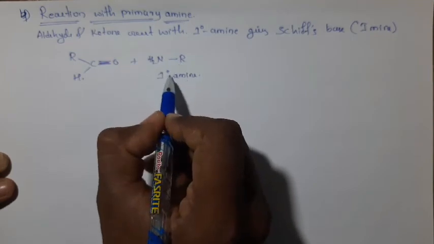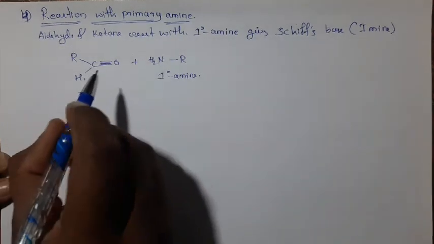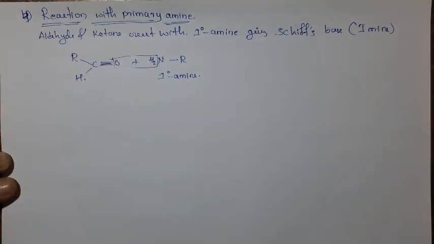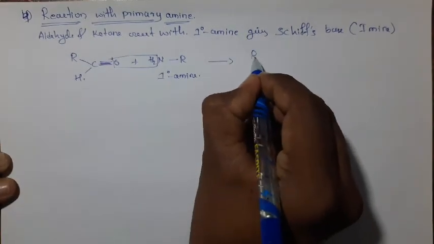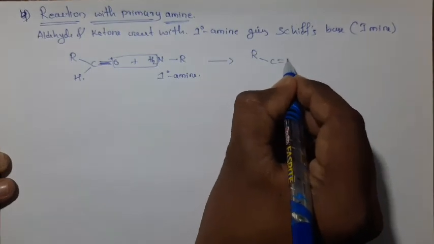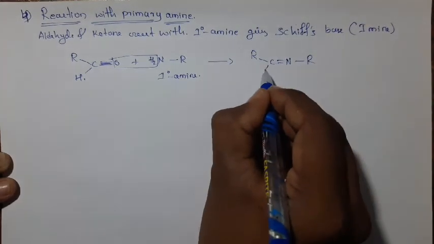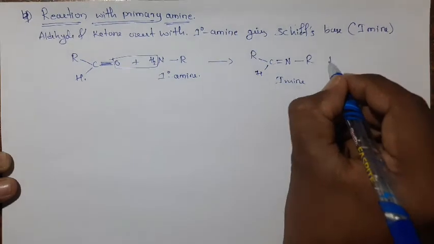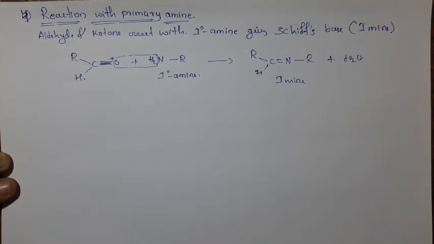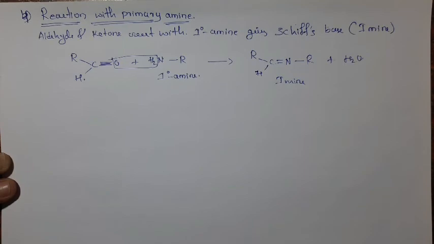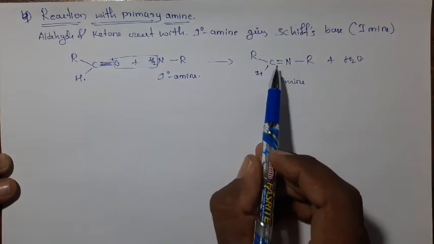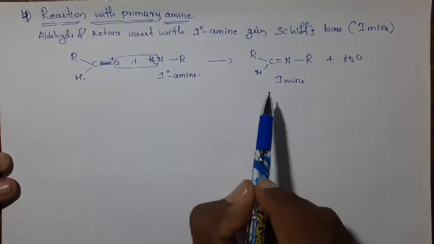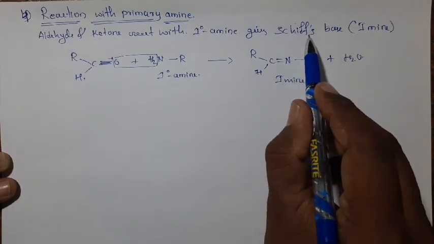When the aldehyde reacts with primary amine, a water molecule is eliminated, and it gives R C double bond N R, with H. This is called imine, plus one water molecule eliminated. Okay, this is the formation of imine. Here imine means nitrogen is doubly bonded with carbon. This product is called imine, and this is also called Schiff base. Okay.